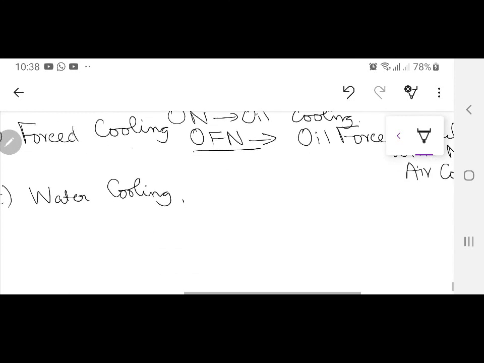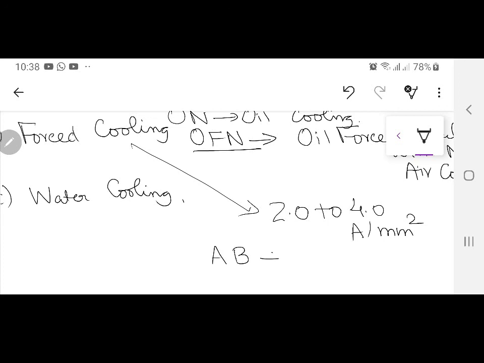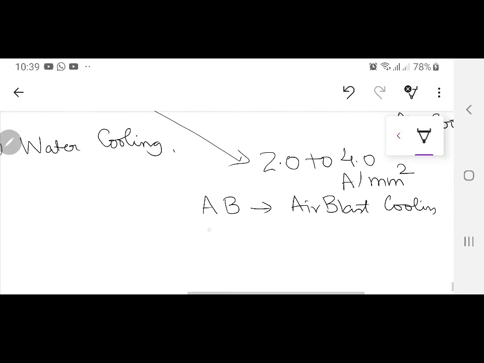But when you are talking about forced cooling, then the value of the current density goes from 2 to 4.0 ampere per mm square. And here the word used is AB. This is called air blast cooling. Or this is called OB, oil blast cooling, or OFB.